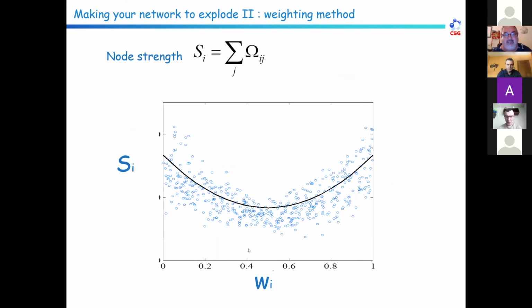And moreover, you again have the emergence of a V-shaped correlation, this time not between the degree of the node and the frequency, but between the strength, or what Jürgen called intensity of the node in his presentation, and the frequency.